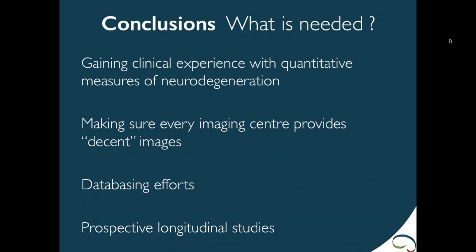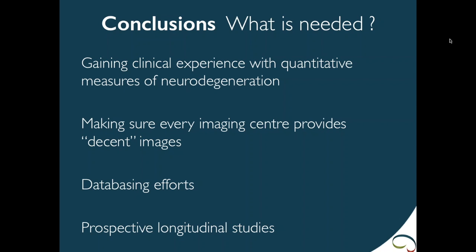And so then we get to the conclusions of this part of the webinar. And I would say that what is needed is that we as clinical neurologists should gain additional clinical experience with quantitative measurements of neurodegeneration to get a better feel of the value of these measures and how we can use them to follow up our patients and to communicate with our patients.